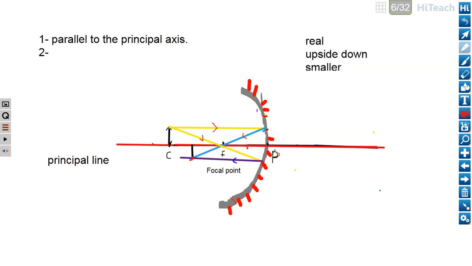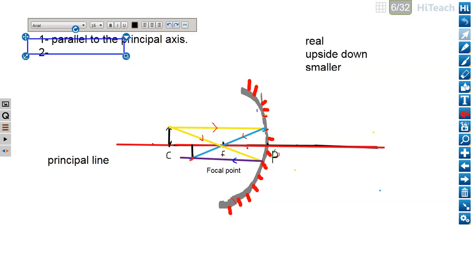The first one parallel to the principal axis. The second one, passing through the focal point, will be reflected parallel to the principal line. These are the light rays that I have used.